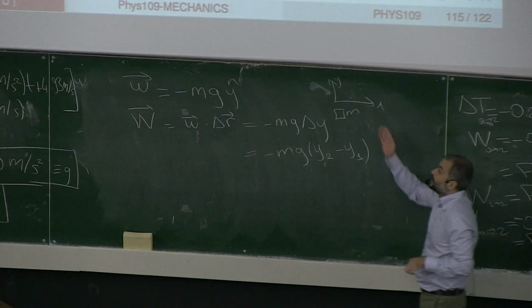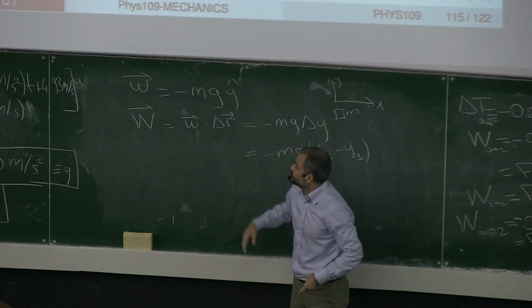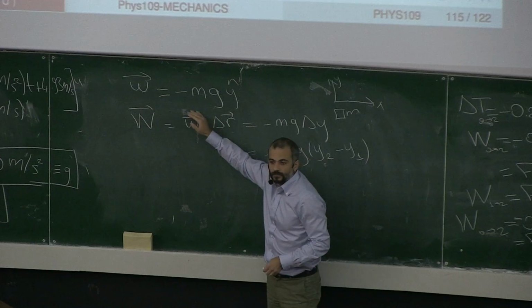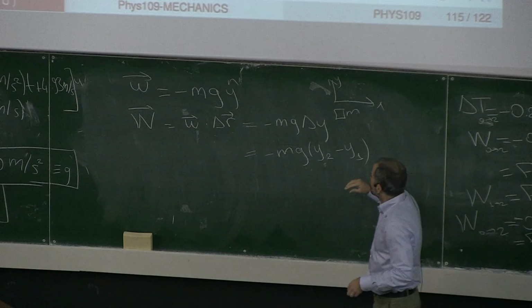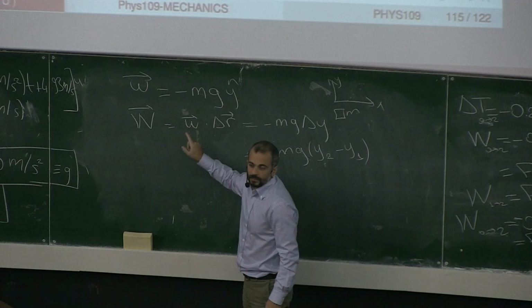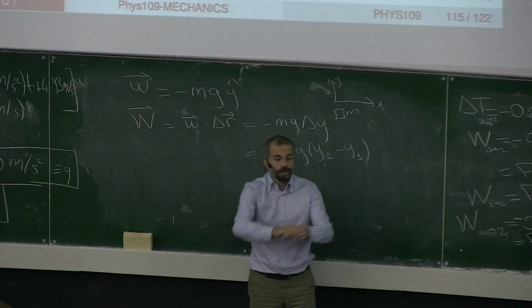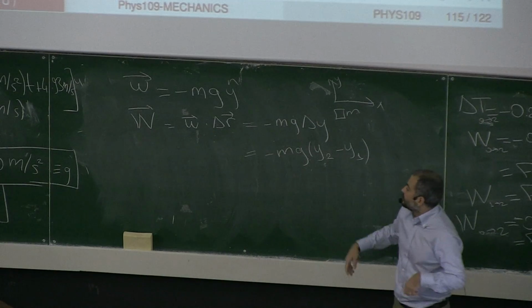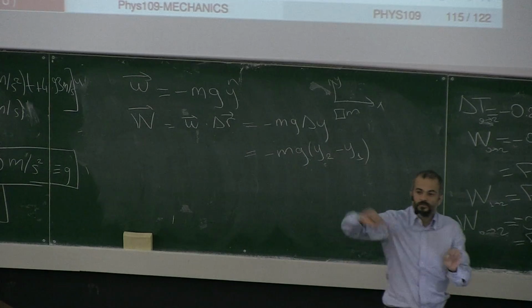We had seen this in action for the projectile motion. This is a constant force. For any constant force, not only for the weight, this is in general true, where delta r is nothing but the displacement from the initial position to the final position.